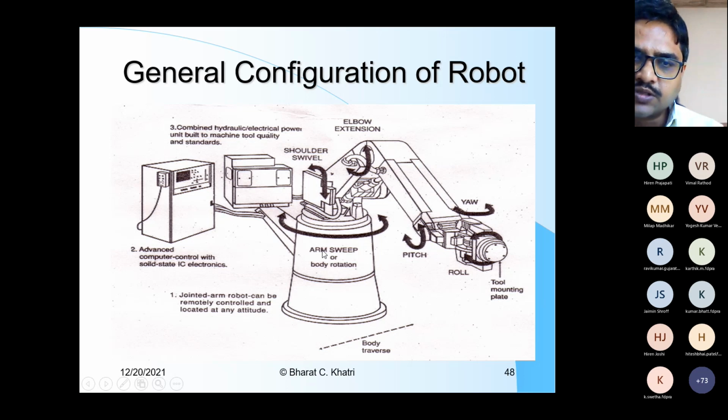So either you can put the motors at the base or on the linkages and provide the motion. To run those motors, we provide controllers, and the controllers give the signal to the motors, and based on the motor motion, you get the final motion on the end effector.